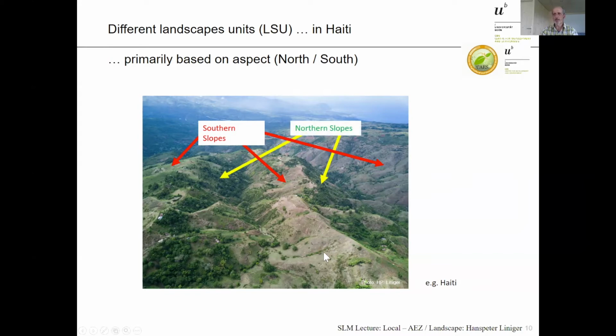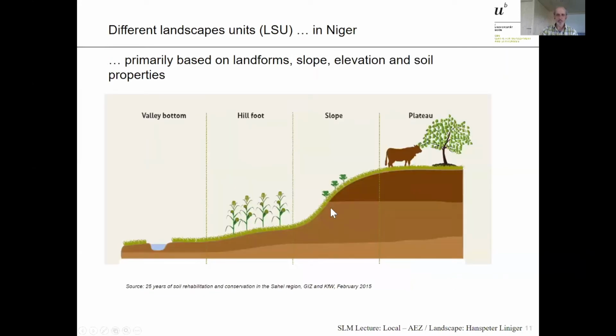So that's a pattern that we had to explain and then also consider when we look at what is the state of this land, what are opportunities for improved land management, and if you're recommending or implementing some improved land management practices, on the southern slopes it's different than on the northern, because they have different potentials, different situations.